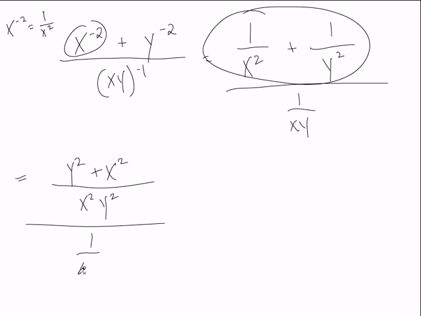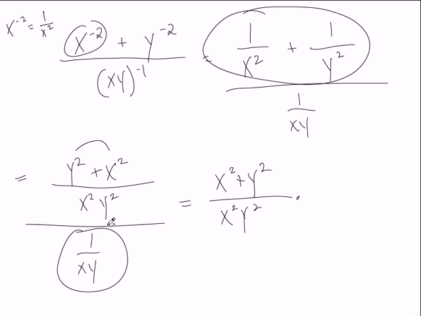1 over xy. You look at this, hold on just a second. You look at this, it looks real crazy, but it's really not that bad. I promise you. Tell you what, you don't have to do this. I just like the look of it better if you put x squared plus y squared over x squared y squared, divided by xy. So instead of dividing by this, what's division?